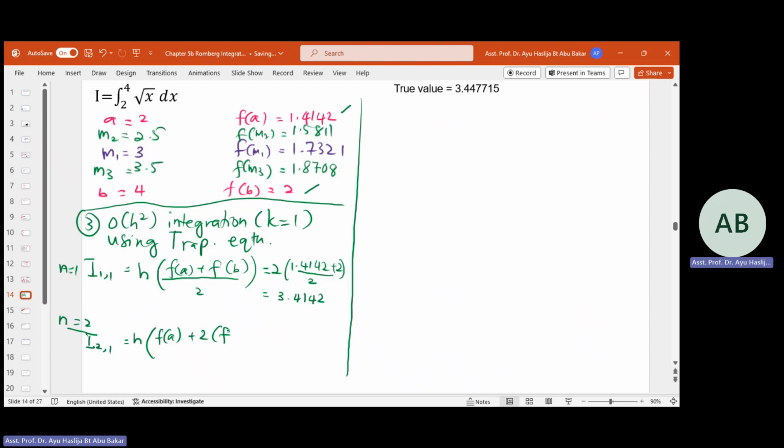M1, f(M1). Plus f(b), the final value, f(n). f(n) equals f(b).